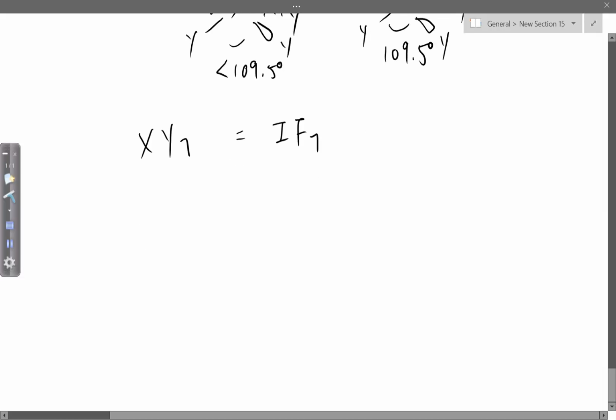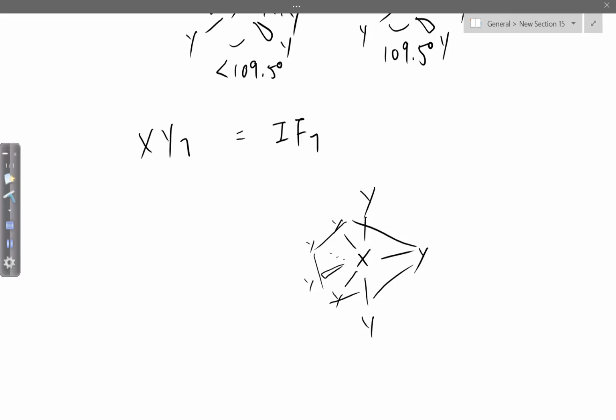So if I have XY7, with X in the center, the Y will be spread out accordingly. So it's actually going to be spread out more or less in this shape. This is a pentagon, and top and bottom. So how do you describe this shape?